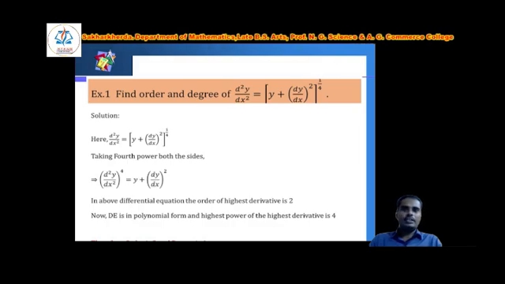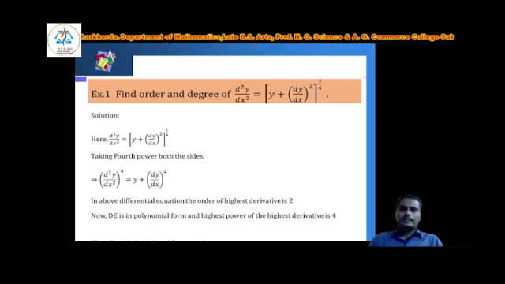Taking the fourth power on both sides, this implies (d2y by dx square) to the power 4 equals y plus (dy by dx) square. In the above differential equation, the order of the highest derivative is 2, because the highest order term is d2y by dx square.